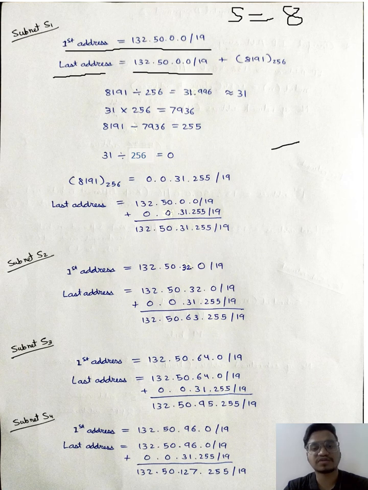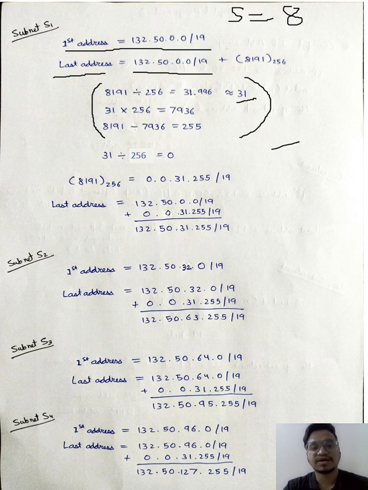So first we have to calculate 8191 to base 256. We do this by this procedure. We divide 8191 by 256 and take the integer part, because the result is 31.996, so we take only 31.